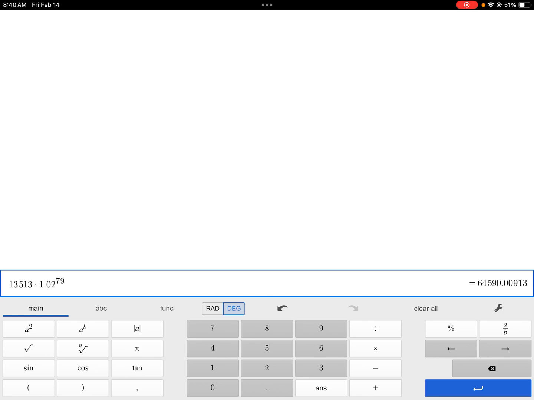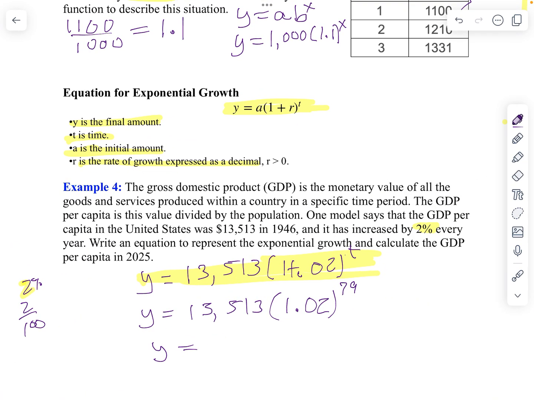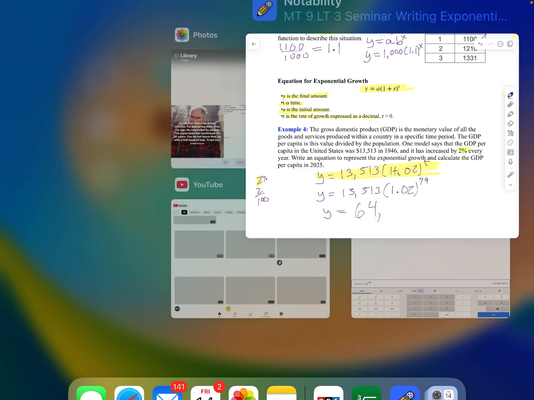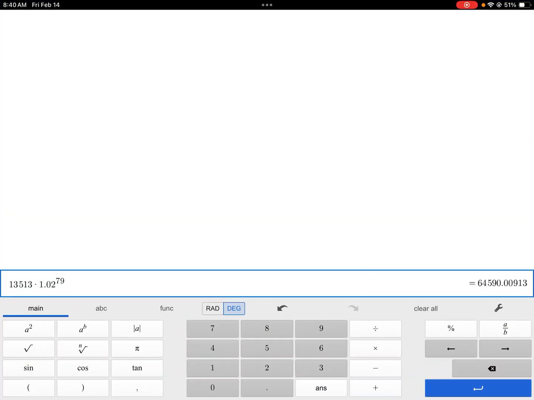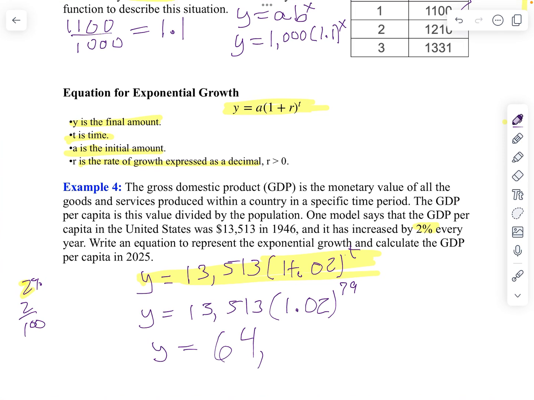And notice $64,590.01 if you want to round to the nearest penny. And there is your answer there.